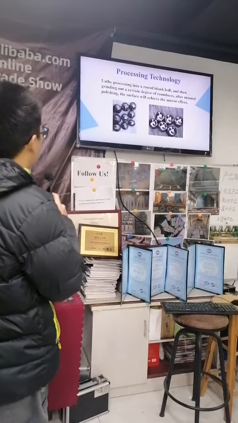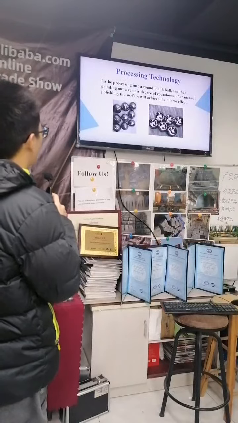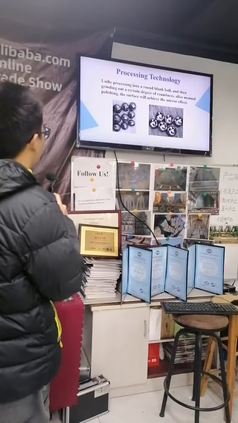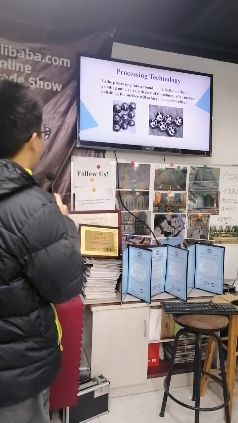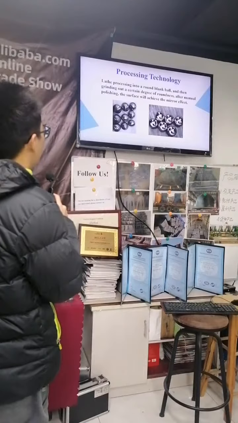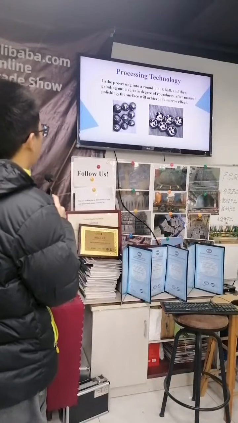This is processed into a round blank ball and then ground to a certain degree of roundness, after manual polishing. The surface will achieve the mirror effect. It's about its processing technology.